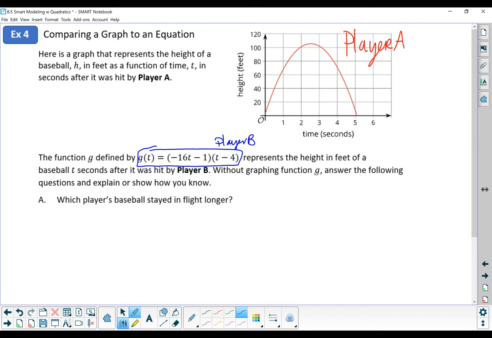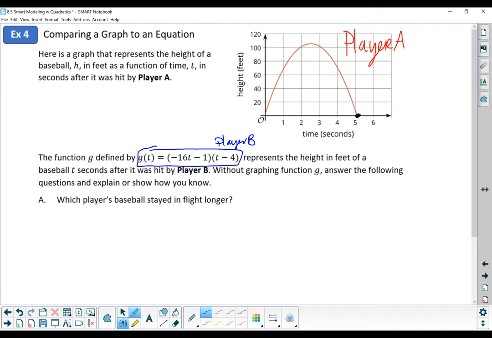The first one is, which player's baseball stayed in flight longer? If we're thinking about how long it stays in flight, its flight starts at time 0. We are looking for what time that ball hits the ground, so we're looking for the x-intercept.